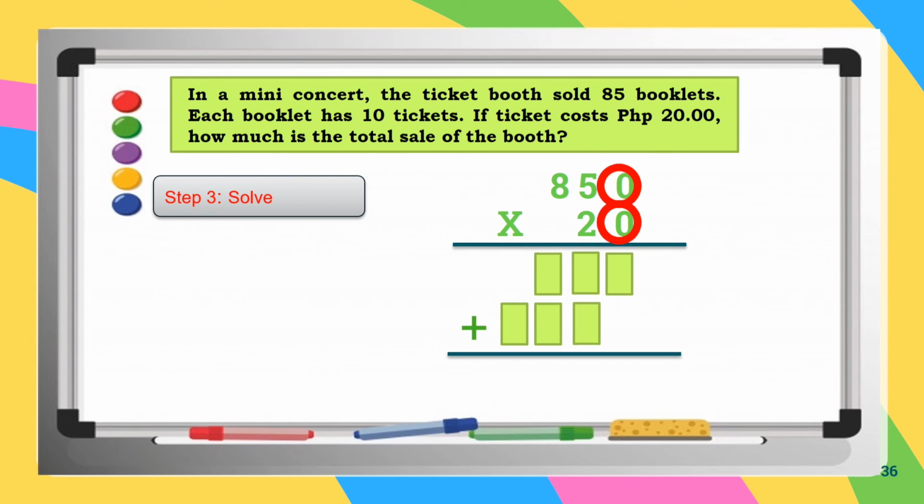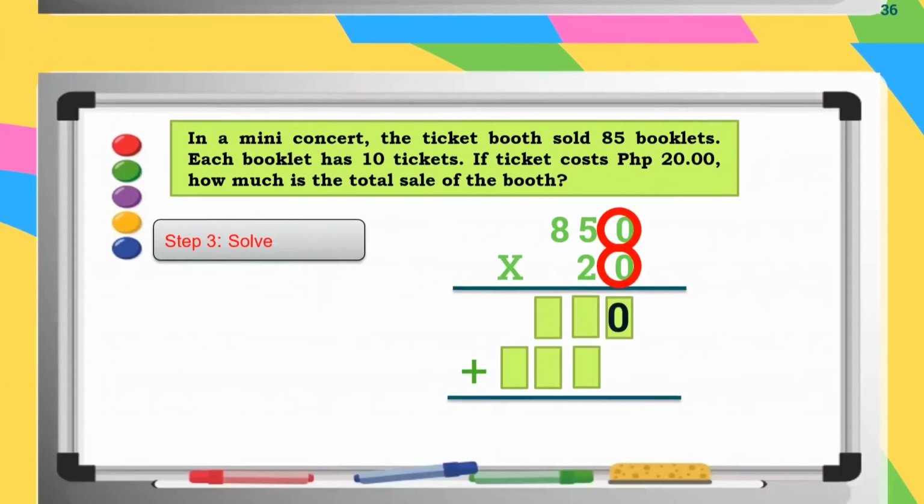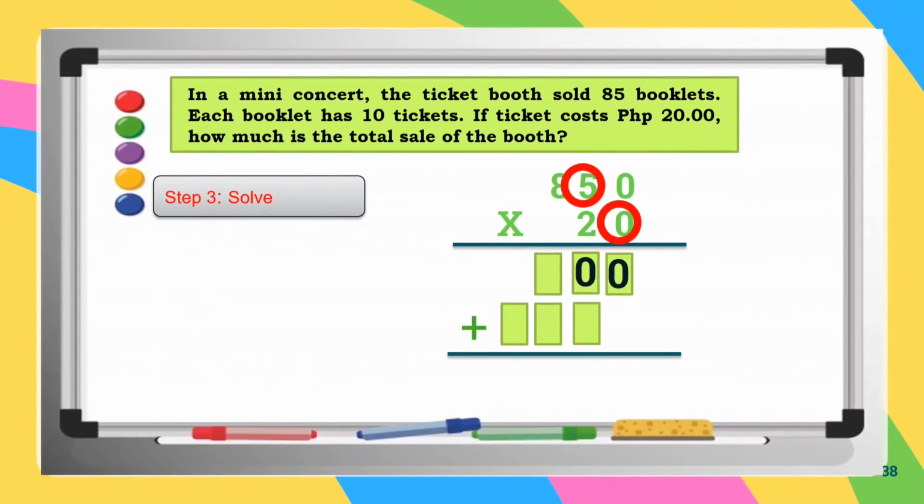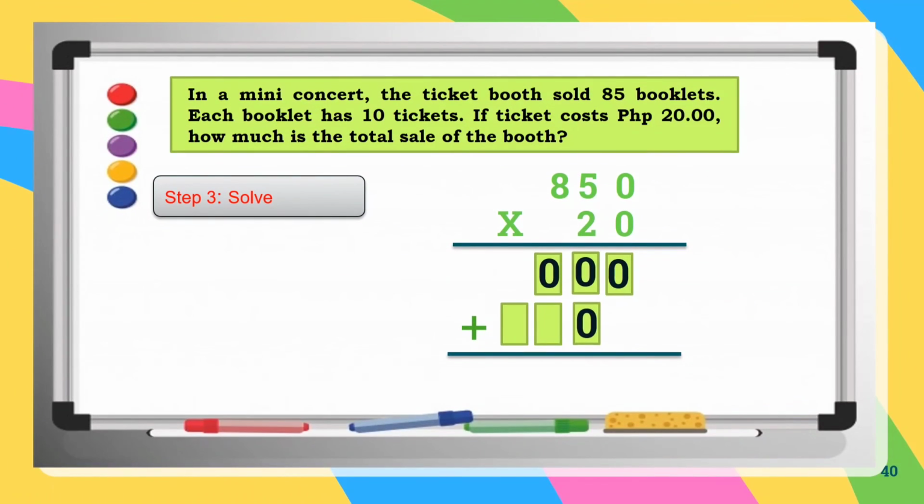0 times 0 is equal to 0. 0 times 5 is equal to 0. 0 times 8 is equal to 0. 2 times 0 is equal to 0. 2 times 5 is equal to 10.